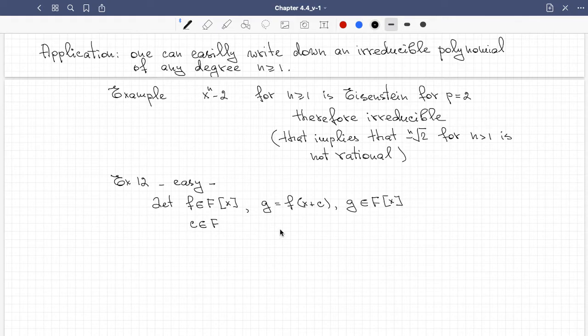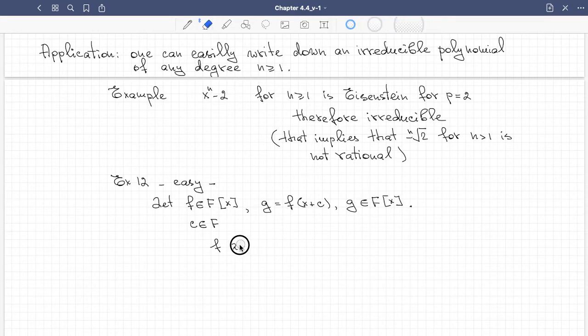The exercise tells us that f and g are reducible or irreducible together.